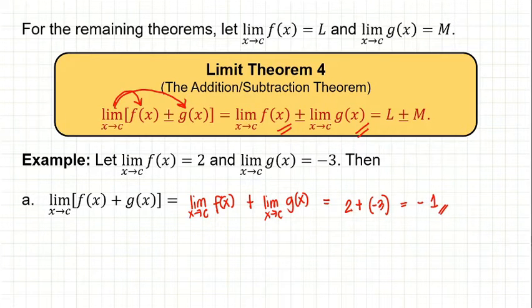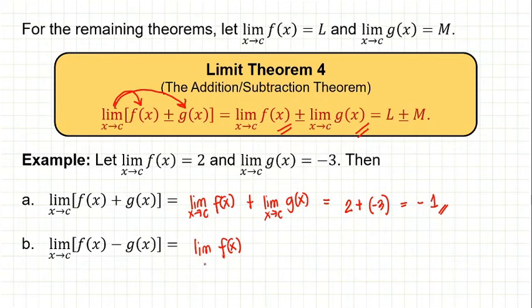For letter B, we have the limit of f of x minus g of x as x approaches c. The same process. We will just separate the two functions. So we will take the limit of both functions. We have as x approaches c minus the limit of g of x as x approaches c.